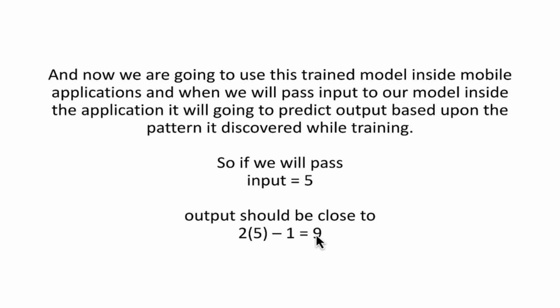If our model is trained well, then we should be able to get correct outputs based upon the input values of users. So inside this section, we are going to train this very simple linear regression model and build our iOS application. So let's begin.